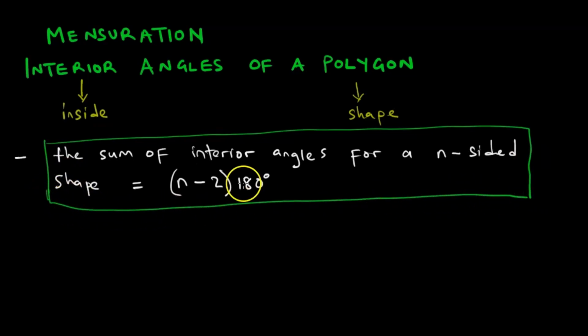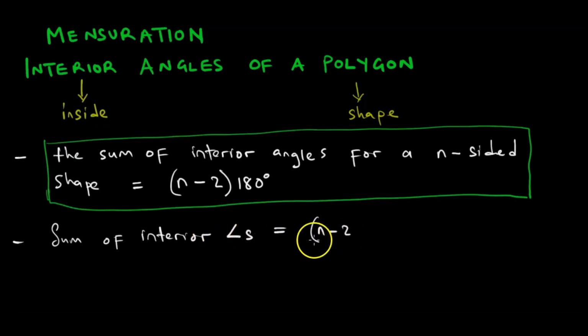When we say the sum of interior angles, we mean if we take a shape, then consider the angles inside the shape. If we add up every angle inside the shape, the total, the sum we get, can be found using this formula, n minus 2 times 180. It is also important to take note that the sum of interior angles is equal to n minus 2 times 180 degrees.